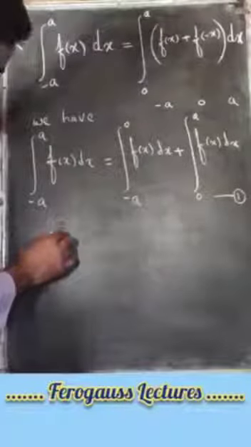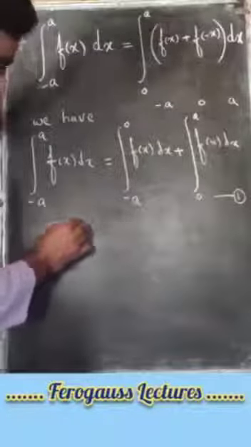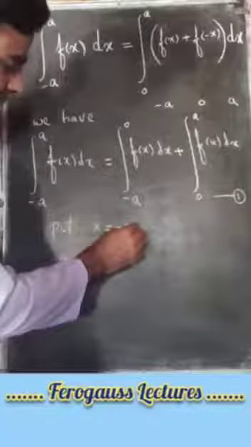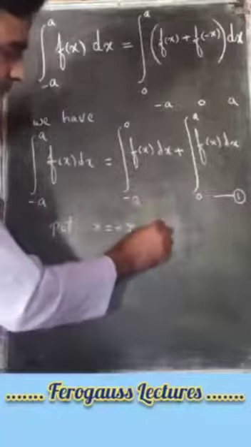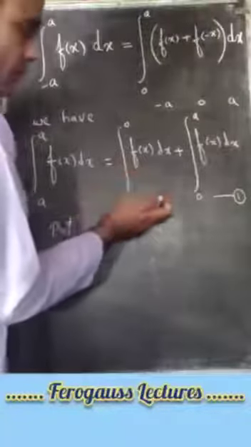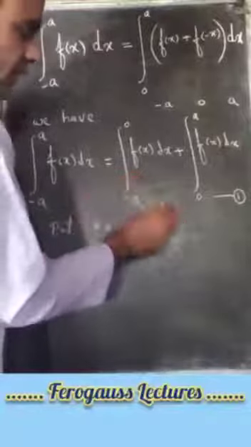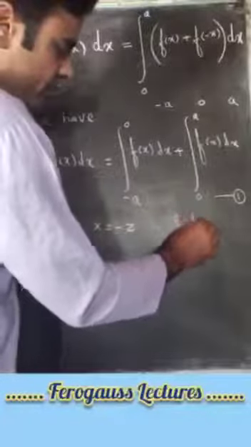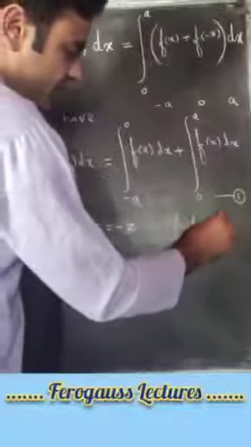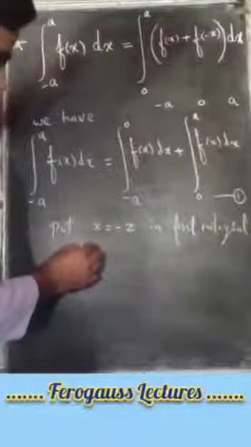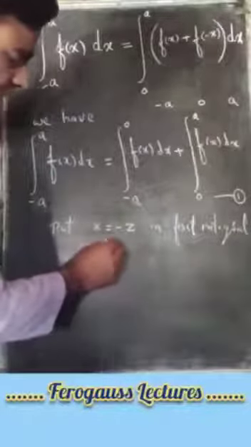Now put x equal to minus z in the first integral on RHS.